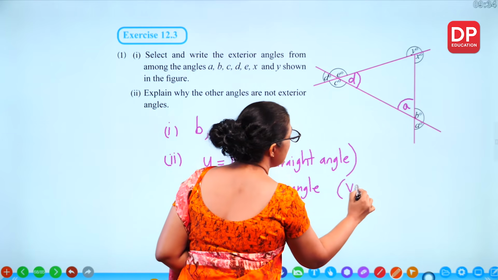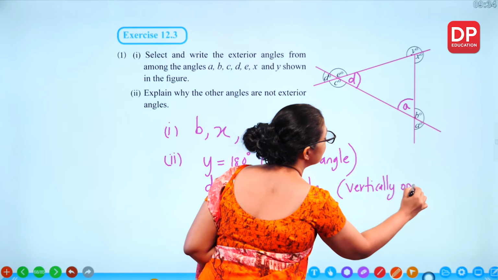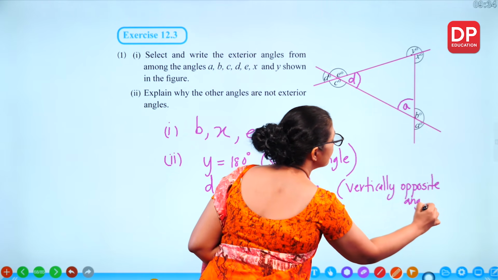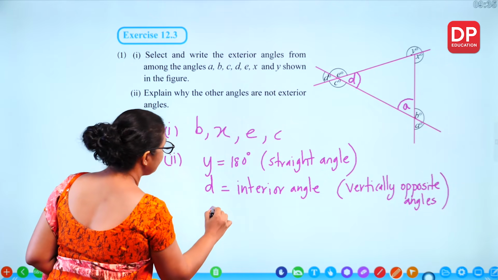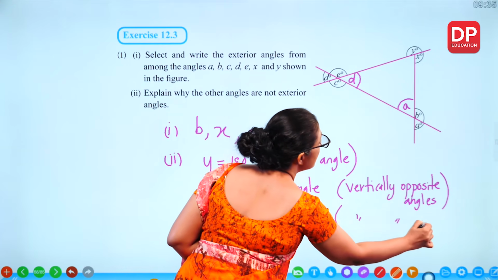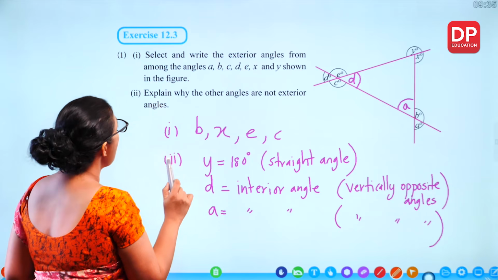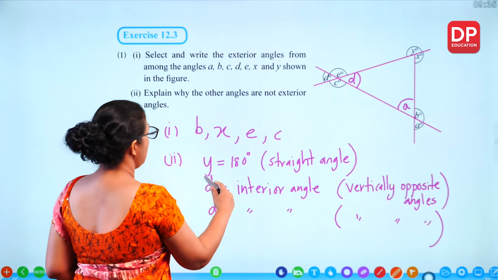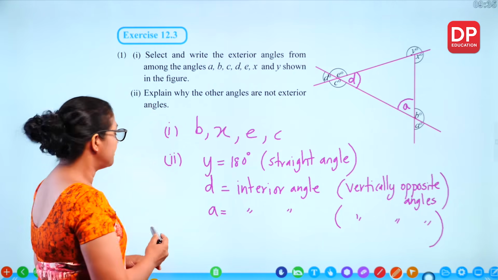Because of vertically opposite angles. And A is also an interior angle because of vertically opposite angles. So we took A, B, C, D, E, X. So we found out all angles.